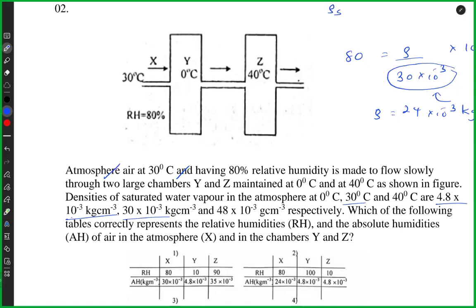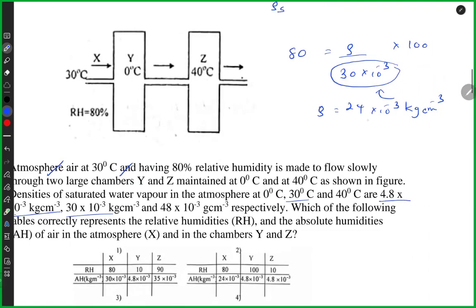But when air is coming from the atmosphere into Y, what kind of air is coming? Air that has a density of this much is coming, right? Because 80% is the absolute humidity of the air in the atmosphere that's going to get into room Y. So what is the vapor density entering room Y?